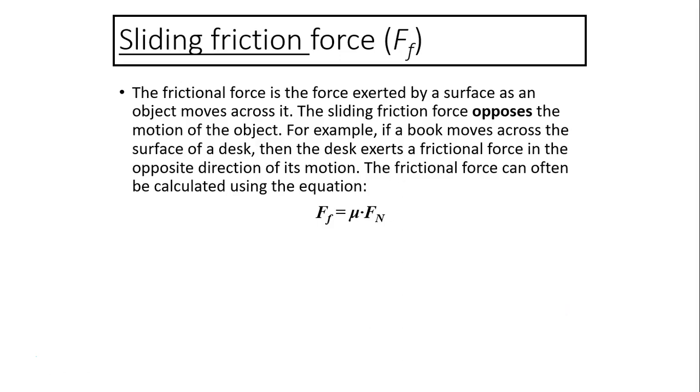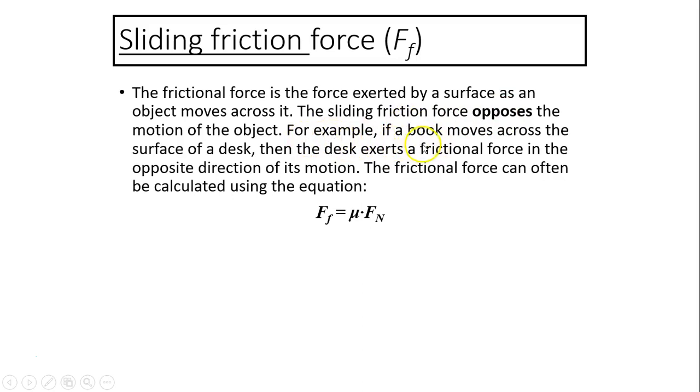Next force is sliding friction. I put sliding friction because there are other types of friction called rolling friction. Sliding friction is the force exerted by the surface as the object moves across it. The sliding friction force opposes the motion of the object, which means it is opposite of its velocity.